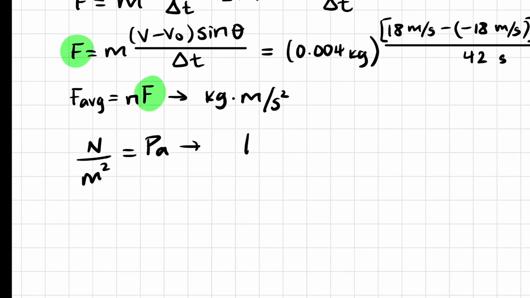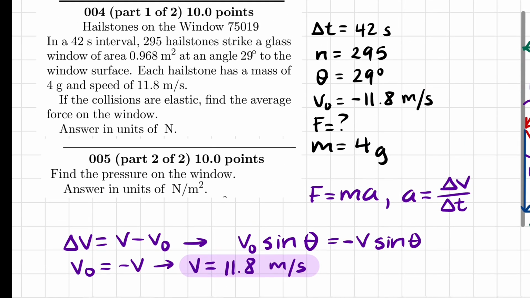To find the pressure on the window, it's your average force divided by the area. And I think I omitted the area over here. Yeah, I omitted the area because I wasn't going to use it. So that's my bad.